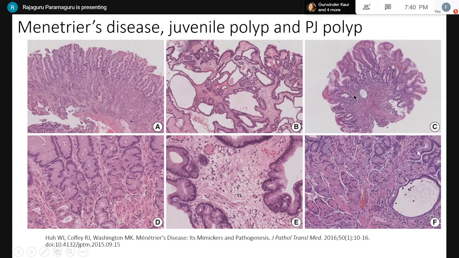And differentiating a Peutz-Jeghers polyp from a juvenile polyp is not very difficult, because here you have these prominent smooth muscle fibers in a branching tree-like fashion, which separate the glands and the foveolar epithelium in between, and they reach right up to the surface epithelium, till here. Whereas in a hyperplastic or a juvenile polyp, the stroma is going to be markedly edematous. So there is not going to be much confusion differentiating them.